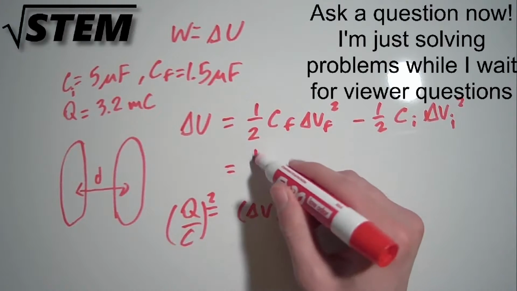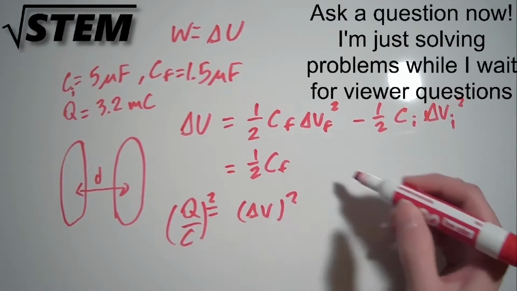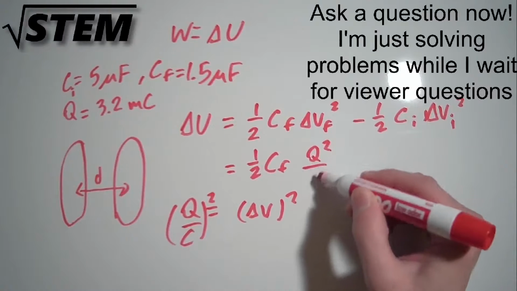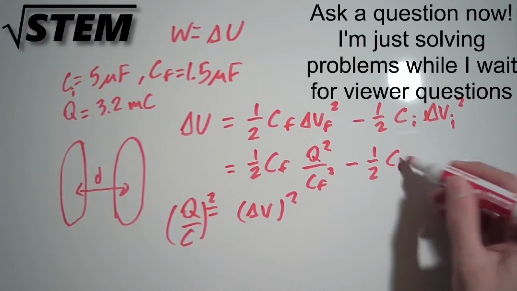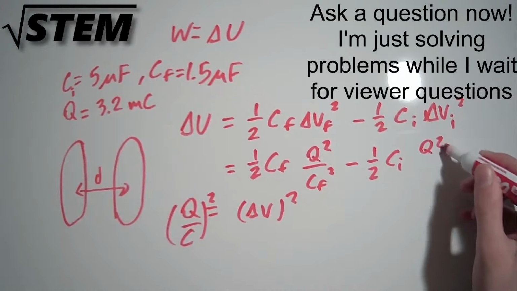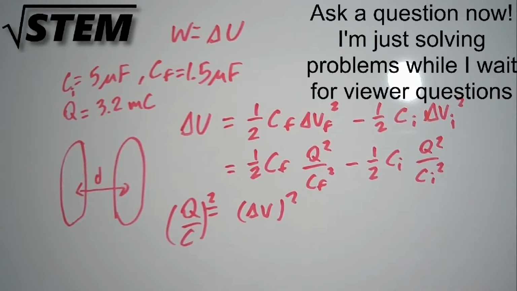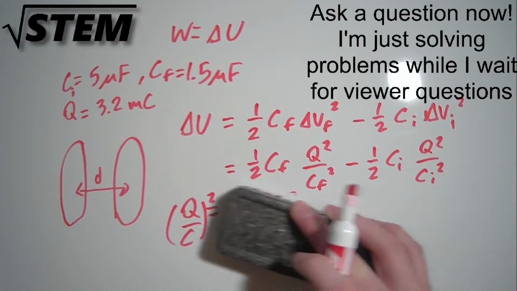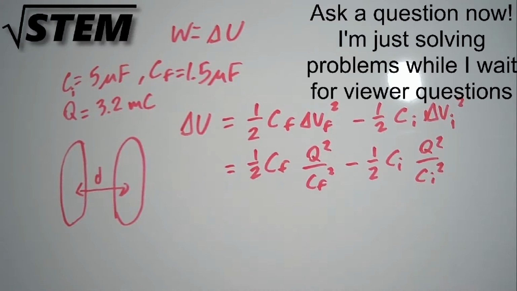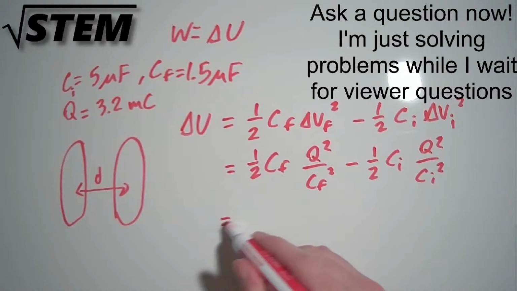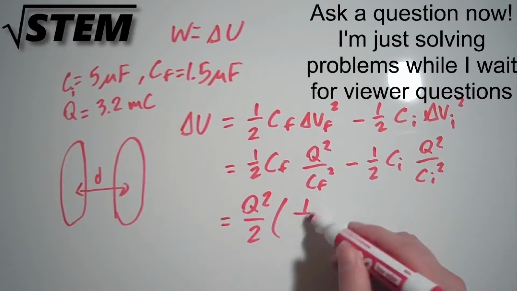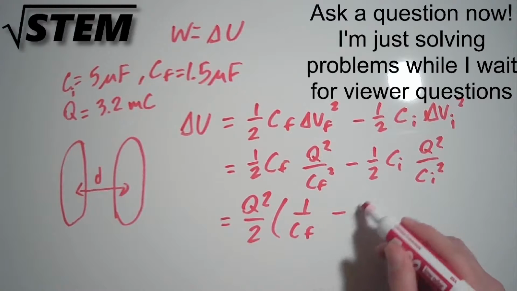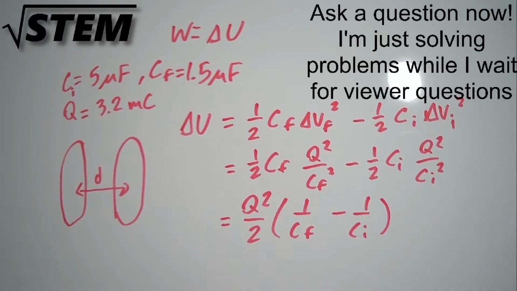So this is 1/2 C final Q squared over C final squared minus 1/2 C initial Q squared over C initial squared. So let's factor out that Q squared over 2. Then we'll have 1 over the final capacitance minus 1 over the initial capacitance. And then that's all numbers that we know.